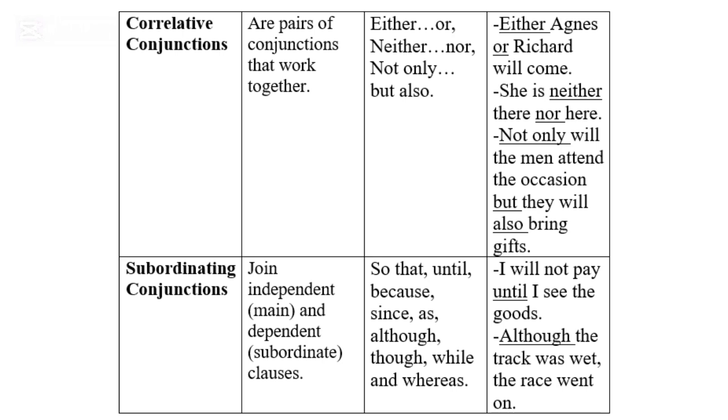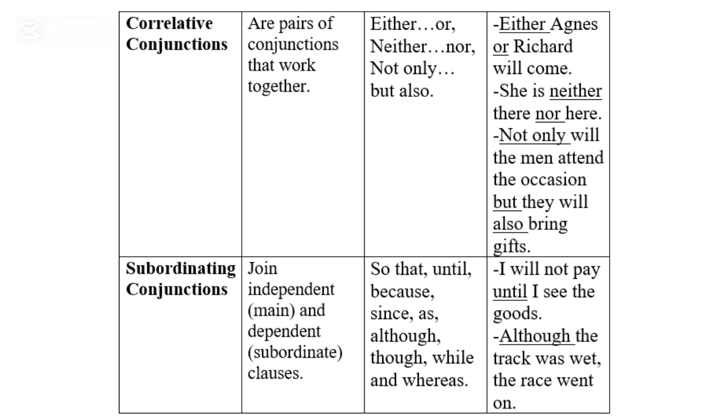One is the main, and the other is referred to as the subordinate clause. In our further studies, we'll be looking more at what clauses are. Let's take a look at the examples. So that, until, because, since, as, although, though, while, and whereas.